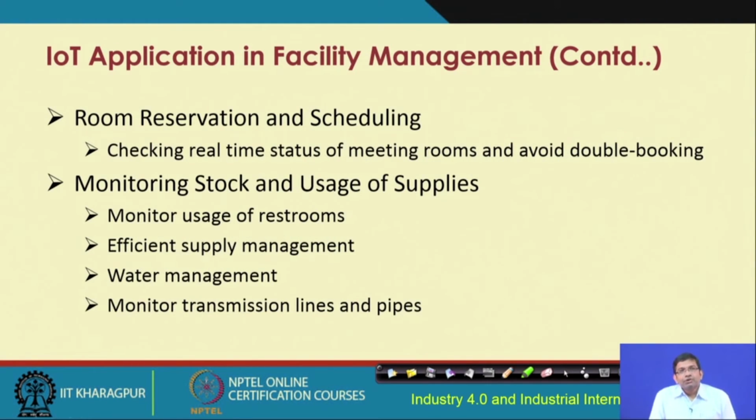Room reservation scheduling is also part of facility management, using IoT real time status updates of the meeting rooms to avoid double booking. This is just an example of IoT enabled facility management that can be achieved. Monitoring of stocks and usage of supplies are also possible, and these could be done efficiently with IoT application.